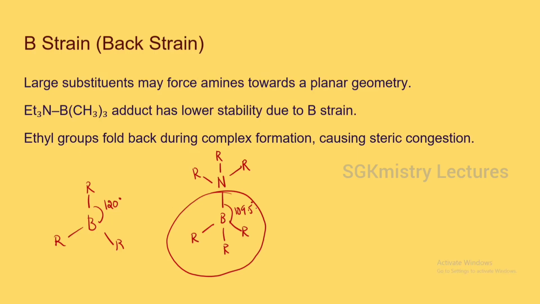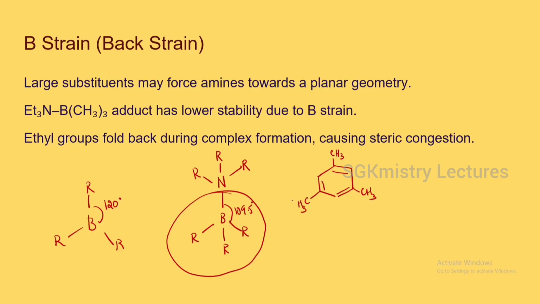Now just imagine when trimethylborane is taken into consideration, where you have this structure. The mesityl group is nothing but mesitylene. Let us look into the structure. We have a benzene ring, and here there are CH3 groups. So this is mesitylene.